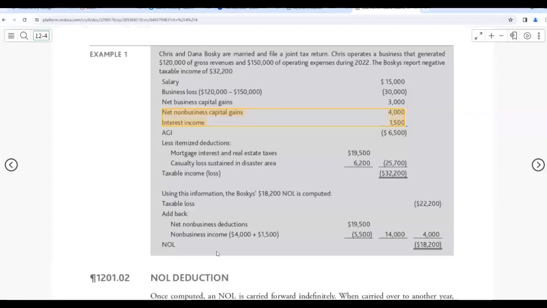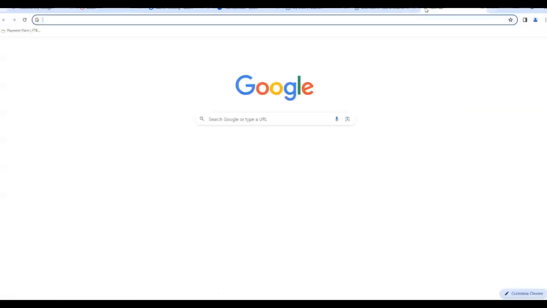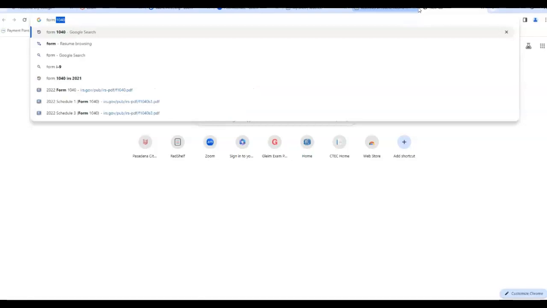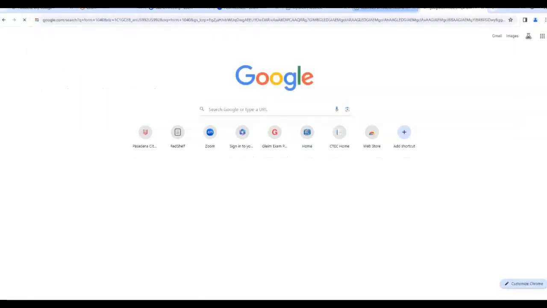Let's say if you are an individual, in your Form 1040, I think you go to the other income line. Let me show you Form 1040 so you see what I'm trying to say.